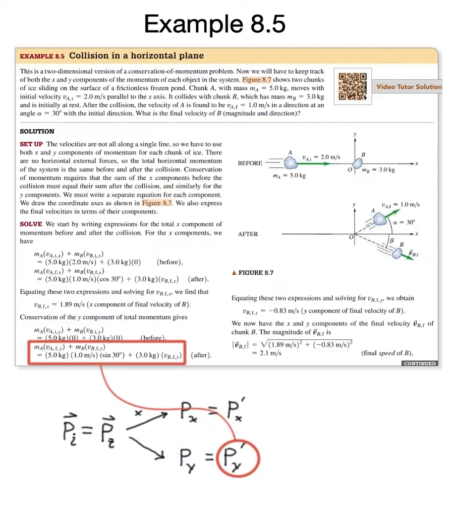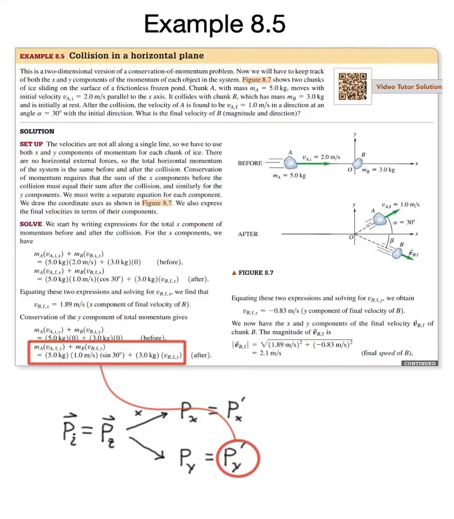And then similarly, write an expression for the y component of momentum after the collision. You can see that for the velocity of A, they've got the mass of A times the velocity of A, 1.0 meter per second, but then hit it with the sine of 30 degrees. That's to select the y component of velocity for mass A in order to get its y component of momentum.